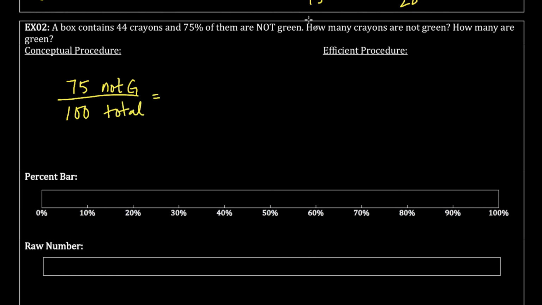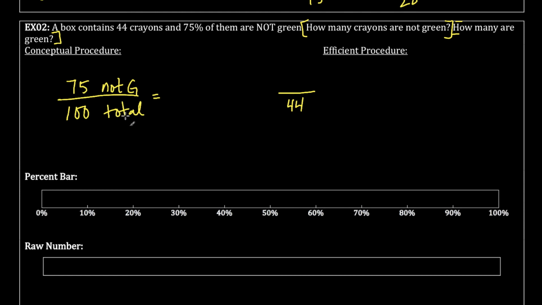How many crayons are not green? How many are green? 75% are not green. That means 75 out of 100 would not be green, but we don't have 100. We have 44. So I'm going to write that a little further down.